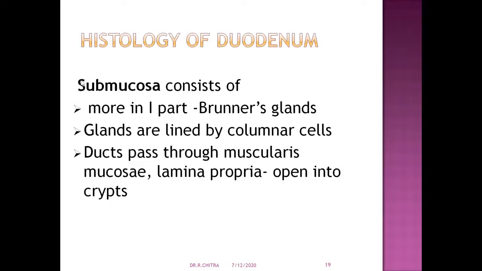One is the esophagus and the second part is the duodenum. So these Brunner's glands are more present in the first part of the duodenum. These glands are also lined by the columnar cells. These glands which are present in submucosa, their ducts pass through the muscularis mucosae, lamina propria and open into the crypts of Lieberkühn.